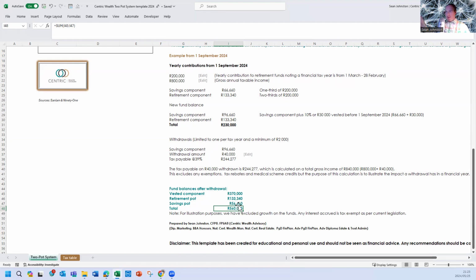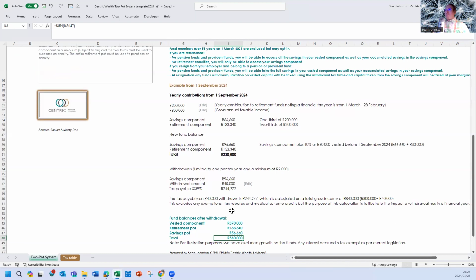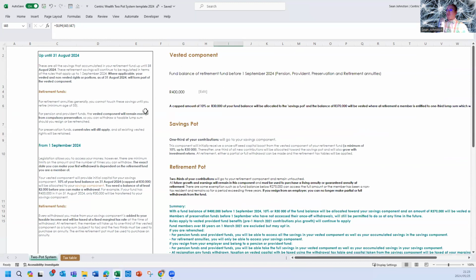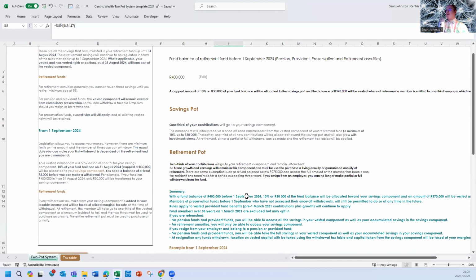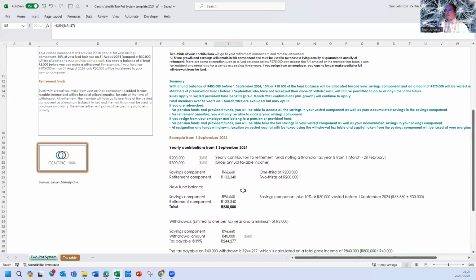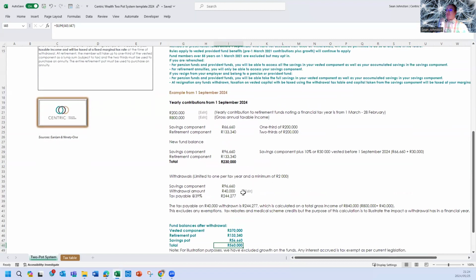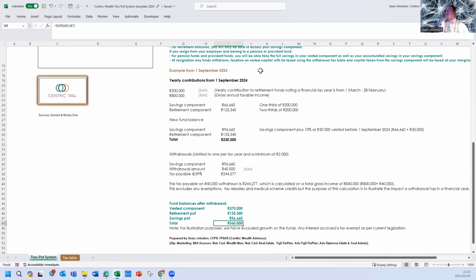And again, going back to the calculator which I mentioned, Innate does touch on that. I'm going to pause and go to that quickly and just show you. This is just for you to play around. I made this template some time ago, but this is just for you to understand the implications of making withdrawals, understanding the different taxes applied to the vested component, savings, retirement, etc. But this is really just for you to understand as an overview how the two-pot system works.